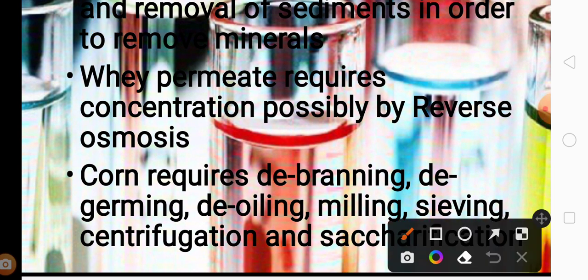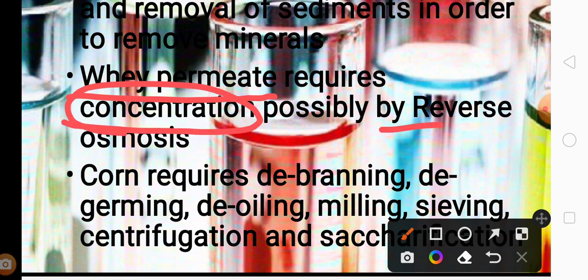Hence, they need to be removed before it can be used as a raw material. Whey permeate is also used as a raw material for the production of butanol, and it requires concentration by reverse osmosis.